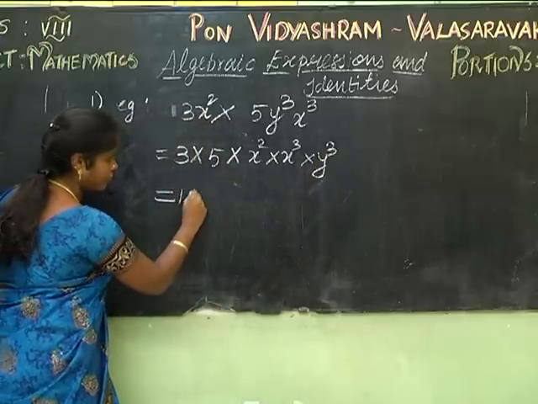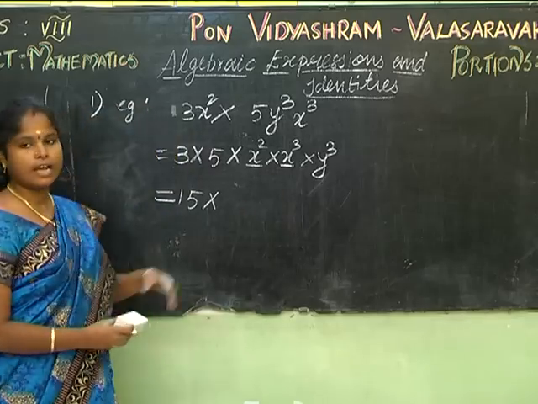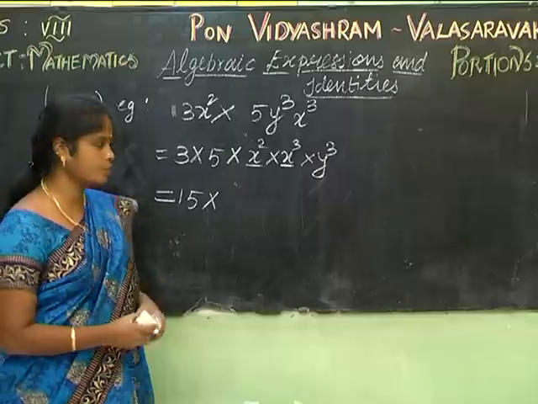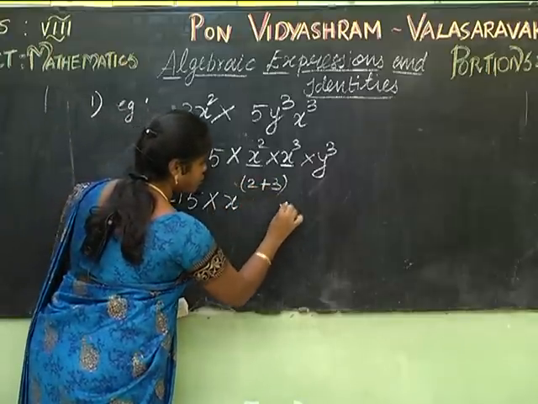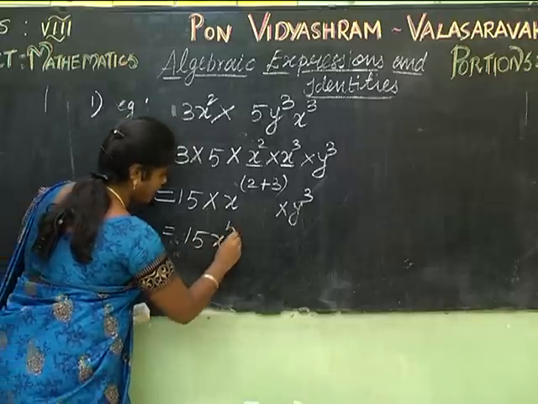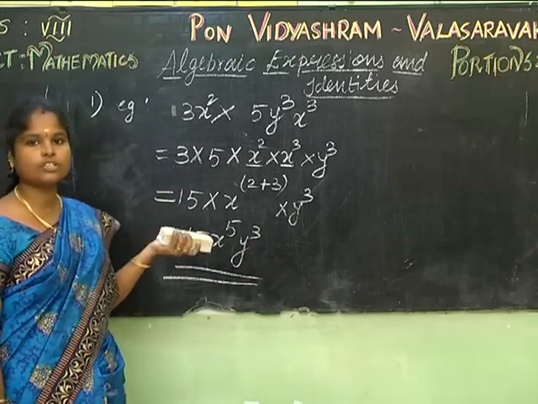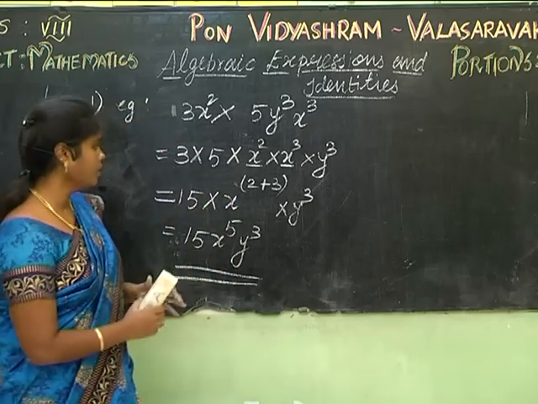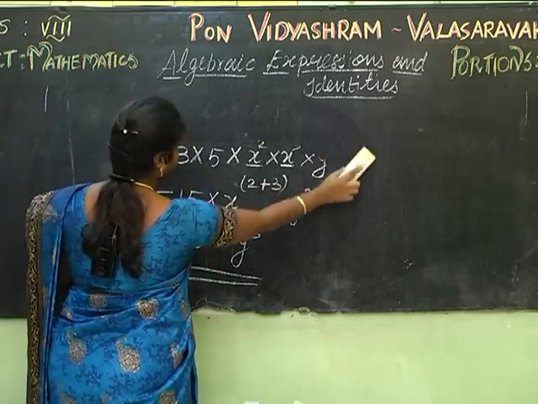So 3 fives are 15. The bases are the same, so we can add the powers. This is nothing but the laws of exponents. So x power 2 plus 3 into y cube, so 15 x power 5 y cube. This is your final answer. So this is the multiplication of a monomial by a monomial. Then I'll give an example for a monomial by a binomial.